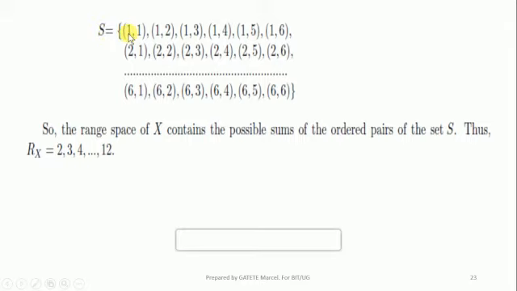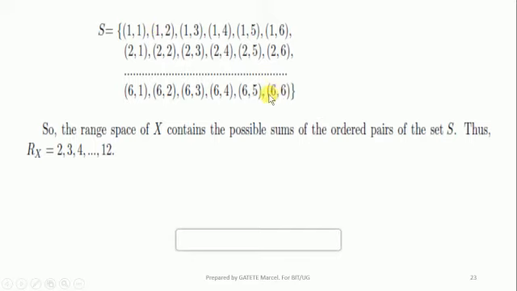For example, for die 1, the side 1 can appear at the top. For the second die, the side 1 also can appear at the top if you throw them at the same time. Or another possibility is that the side 1 of the first die can appear at the top and the side 2 of the second die can appear on the top.